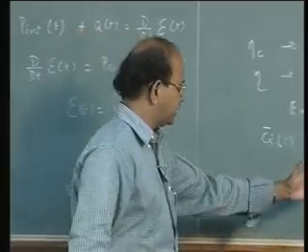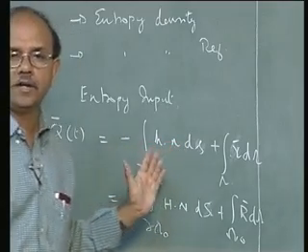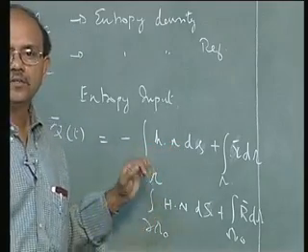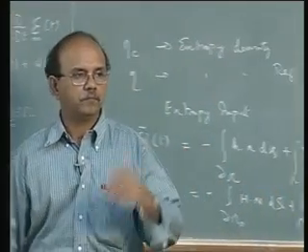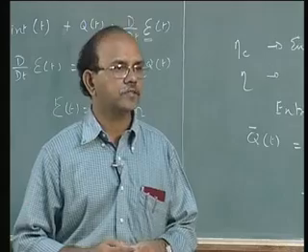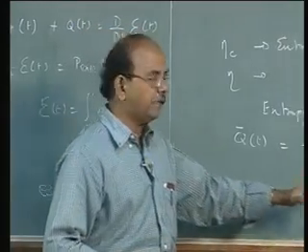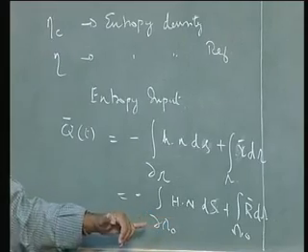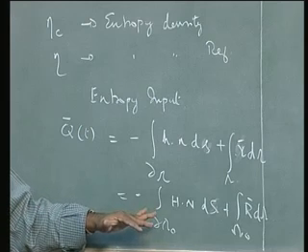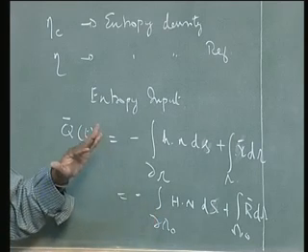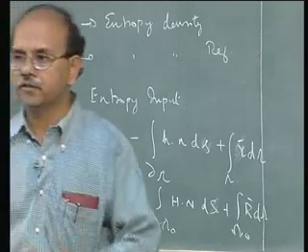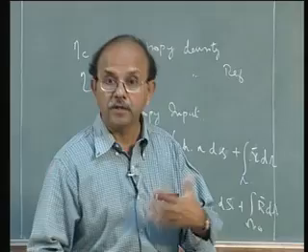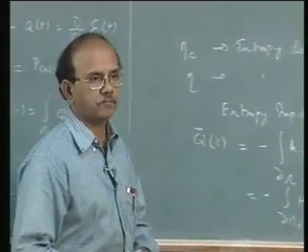Now we will give similar names for small h and capital H. Small h is always associated with Cauchy entropy flux, and capital H, which is at the reference configuration, is called the Piola-Kirchhoff entropy flux. So whenever we refer to the reference configuration, we will talk about the Piola-Kirchhoff entropy flux.